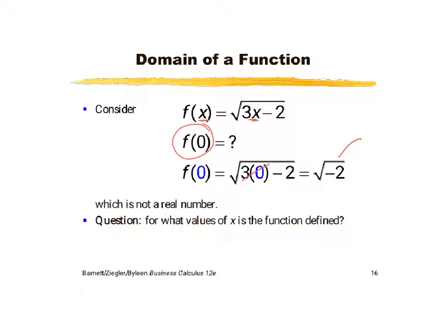If you remember this from algebra, this was called an imaginary number or a complex number. Okay, so in this case here, this is going to be considered a non-real number. So when we get something like this, we'll just call it non-real. Okay, and so when x is equal to 0, our function is not defined for a real value.